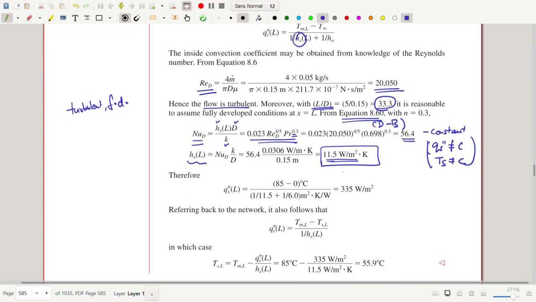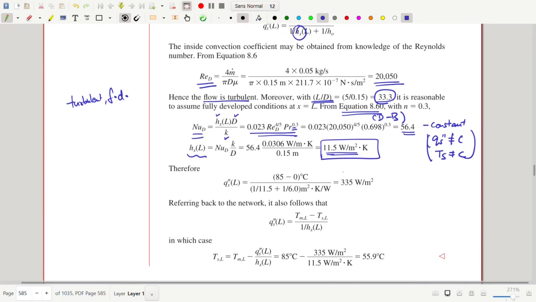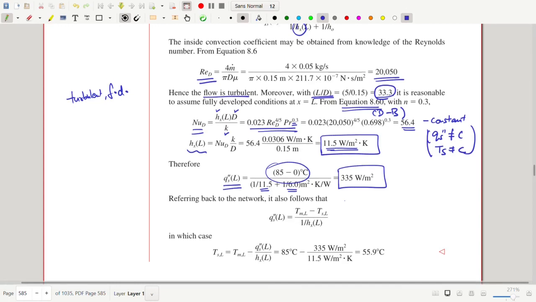Given the H value now, you can calculate the Qs double prime because you now have the value of the local heat transfer coefficient. You also have the outside heat transfer coefficient. You have the temperature drop. So that gives you the heat flux, which is 335 watts per meter square. Now the next thing was to calculate the surface temperature.